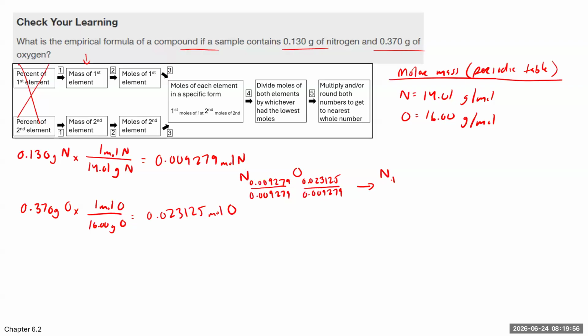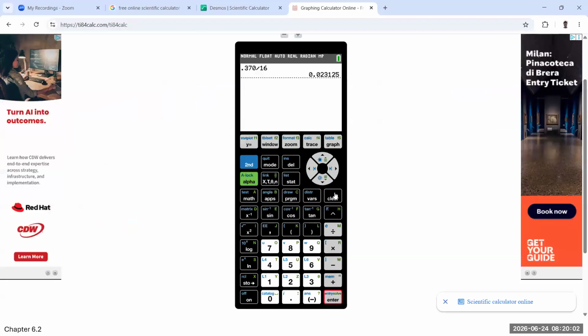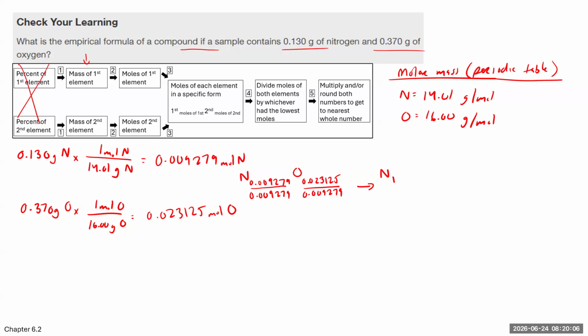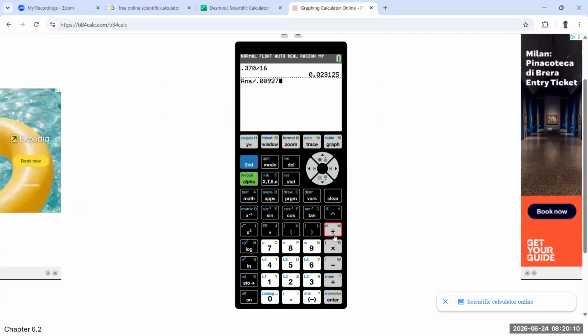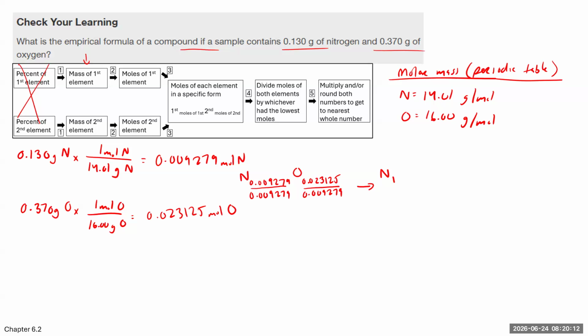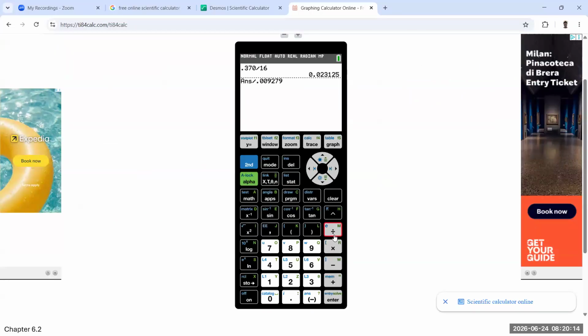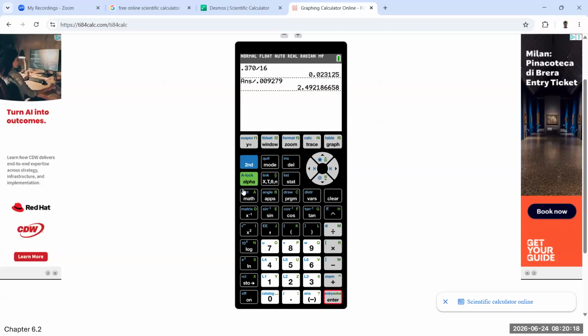Let's figure out what this other one is. 0.023125, we're just going to divide that by 0.009279. All right, cool. So then we're going to hit enter, and we got 2.49.